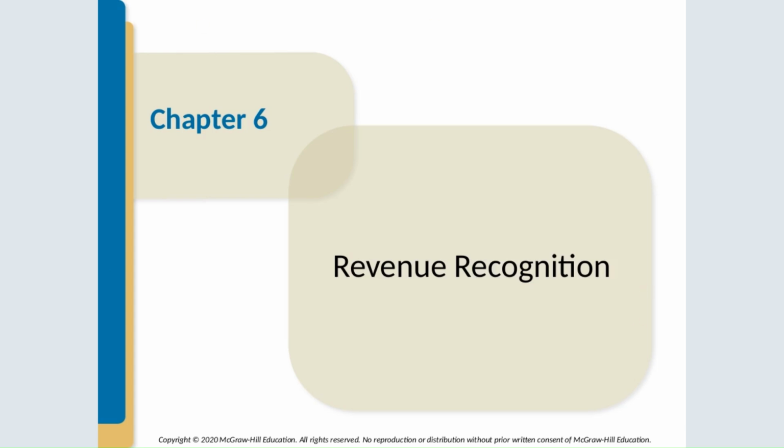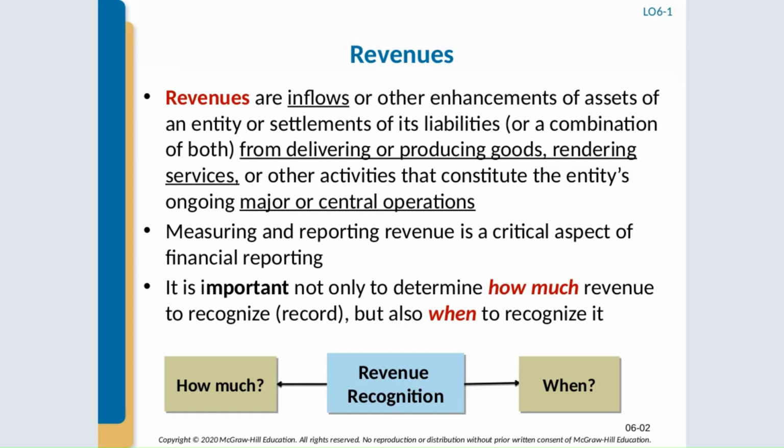And so we're talking about revenue recognition. Okay, so basically we need to define what revenues are. Revenues are inflows of assets or settlements of liabilities, and they originate from delivering goods or services that are related to the main business activity, all right?